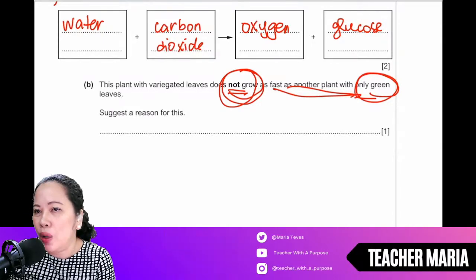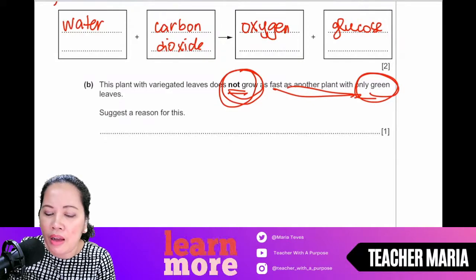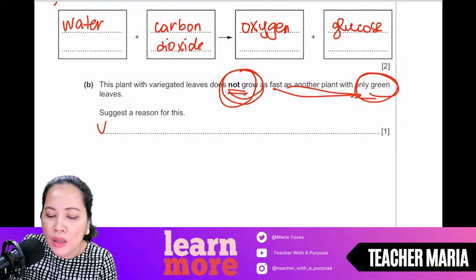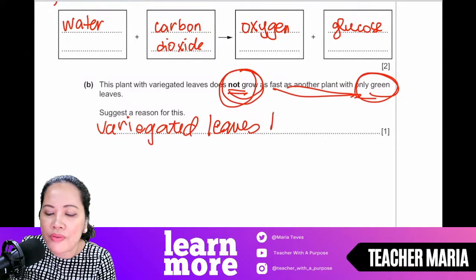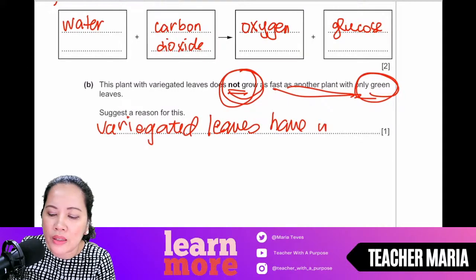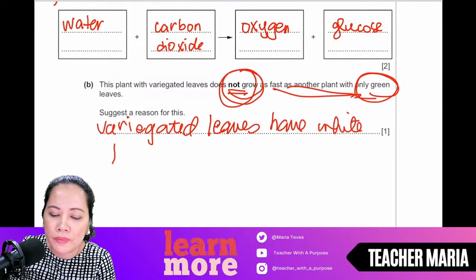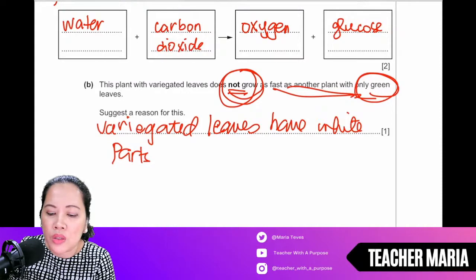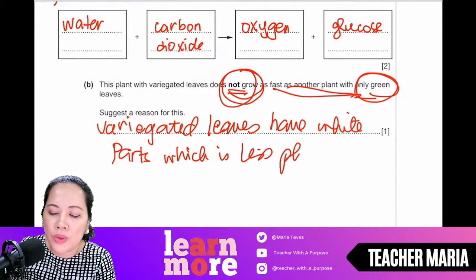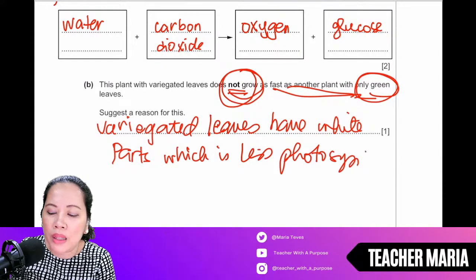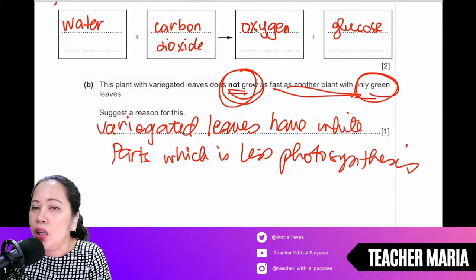Okay? So if your answer, let's say, variegated leaves have white parts. So, which is less photosynthesis? So that could be the answer. Okay?